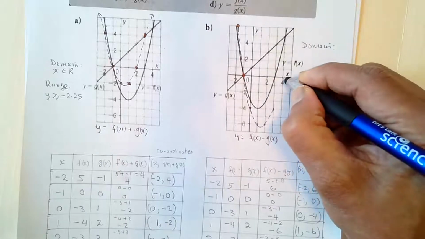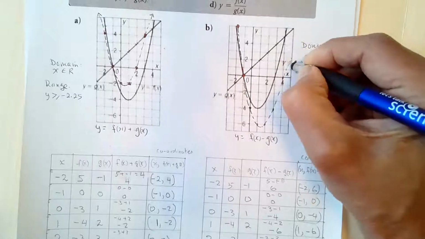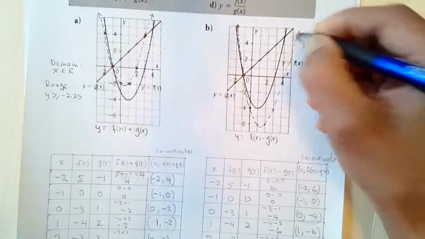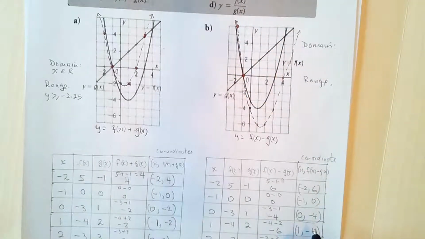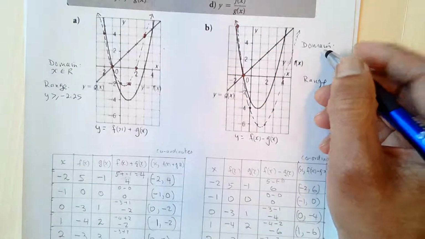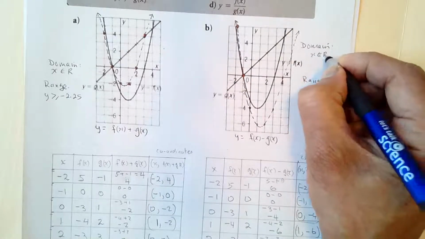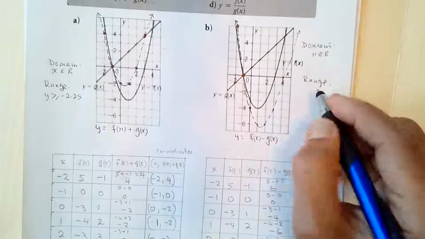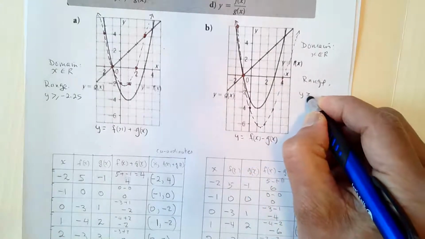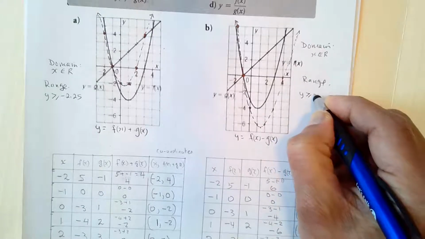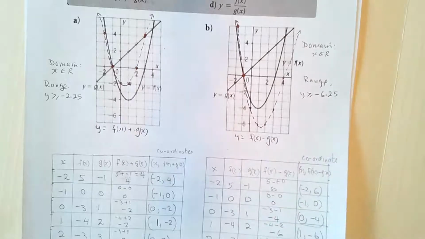And 4, 0. So that's my graph. So my domain is X, so the real numbers, there's no restrictions. The range is approximately y is greater or equal to -6.25.